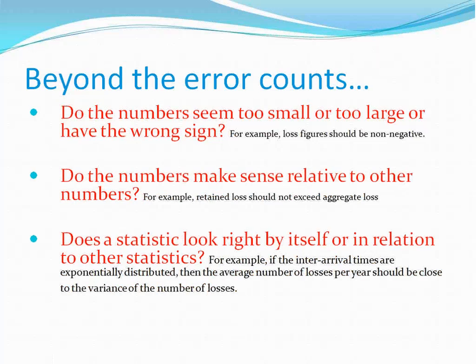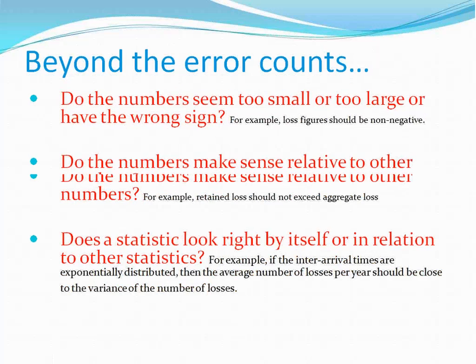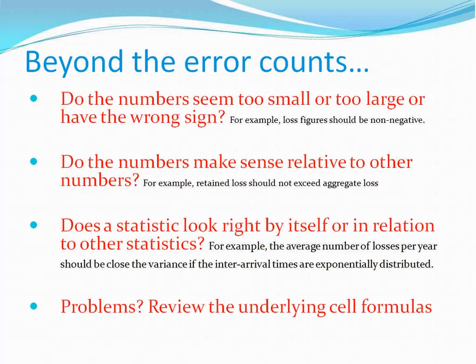Next, you want to look at whether a statistic looks right by itself or in relation to other statistics. For example, if the inter-arrival times are exponentially distributed, then the average number of losses per year should be close to the variance of the number of losses. In other words, the number of losses should be approximately Poisson distributed. If that is not happening, then you want to check the underlying cell formulas.